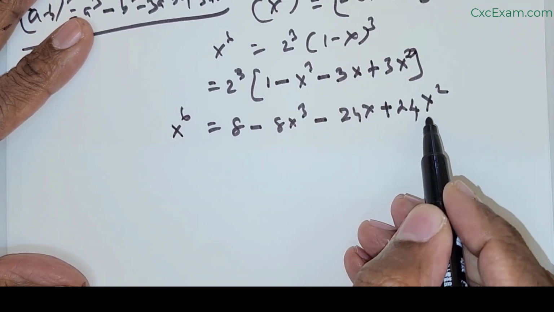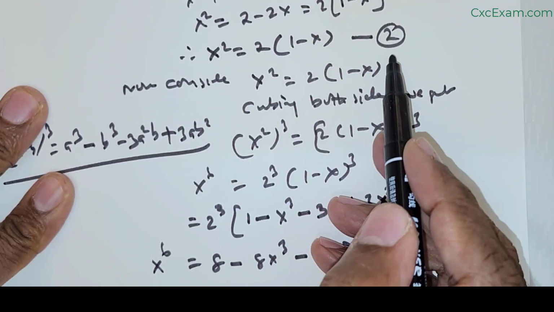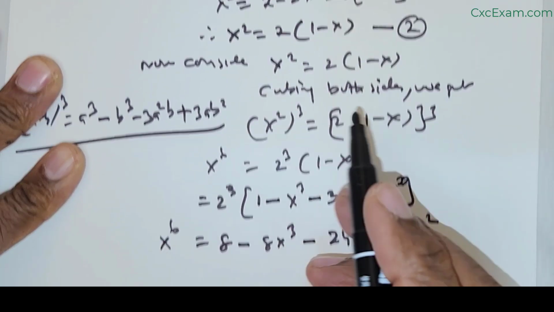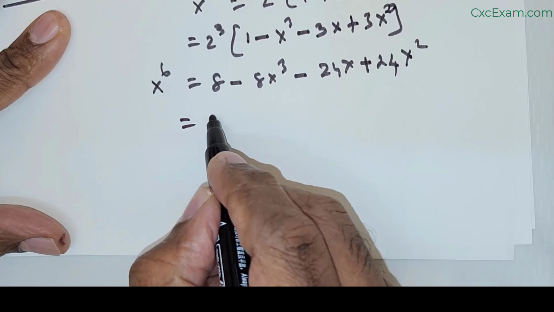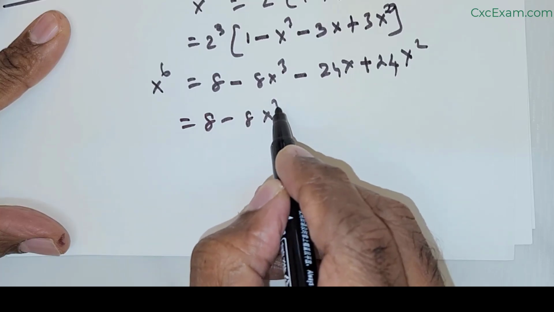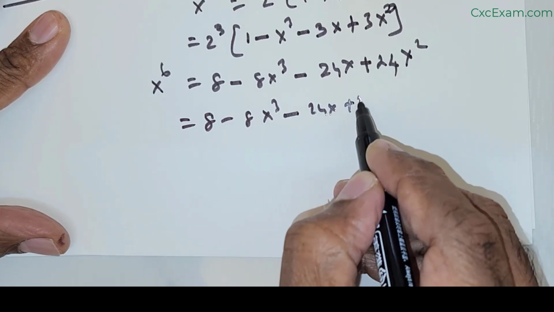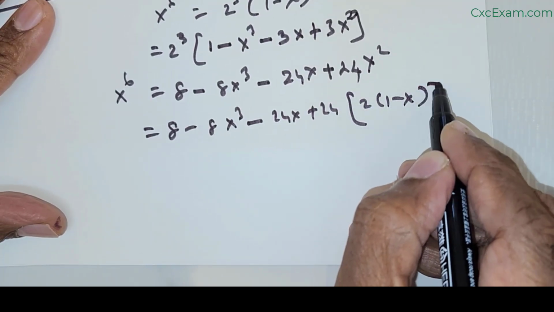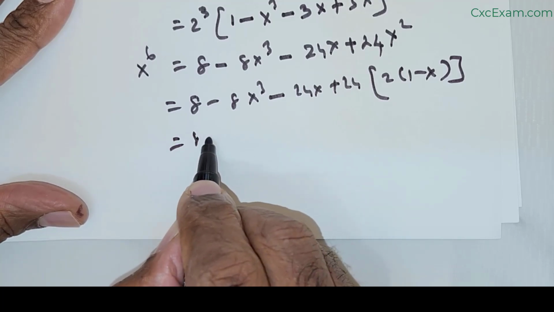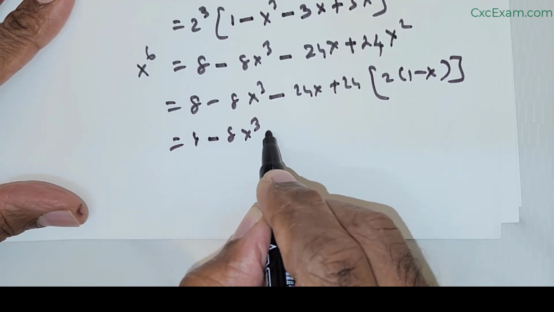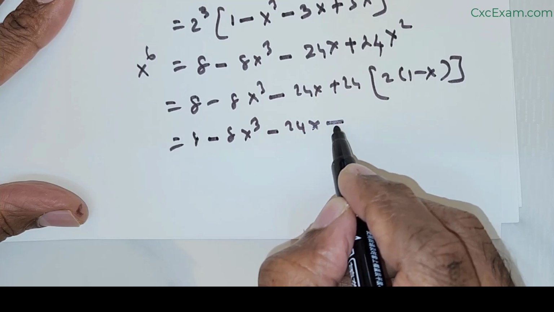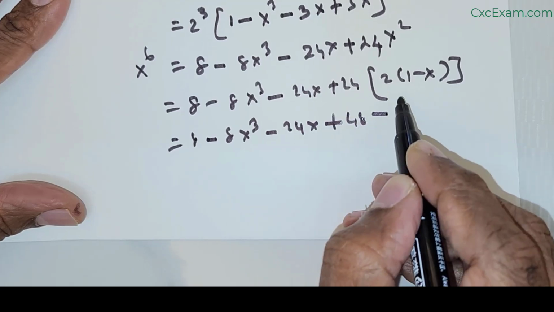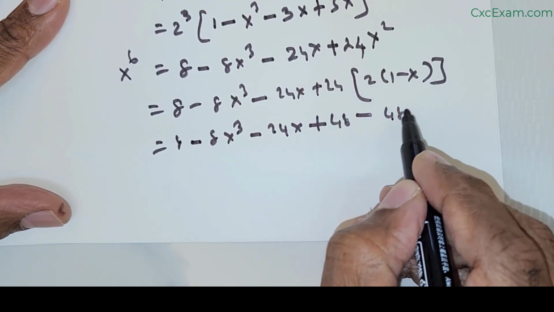Now I'm going to utilize what we have got in 2. So this is going to be equal to 8 − 8x³ − 24x + 24 times 2 times (1 − x). So this is going to be 8 − 8x³ − 24x + 48 − 48x.